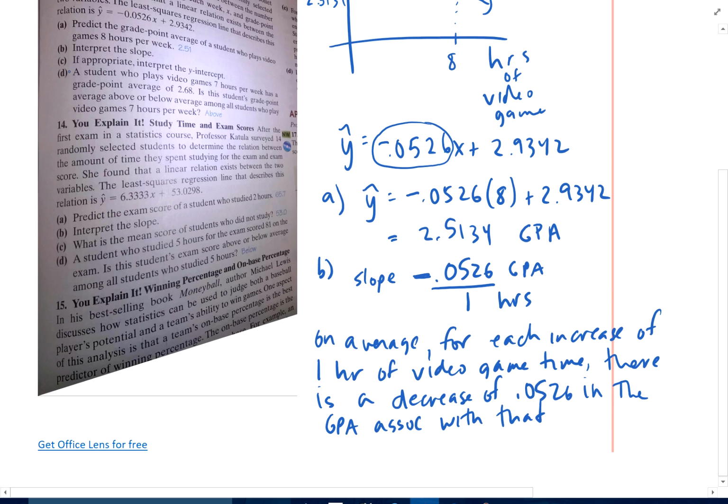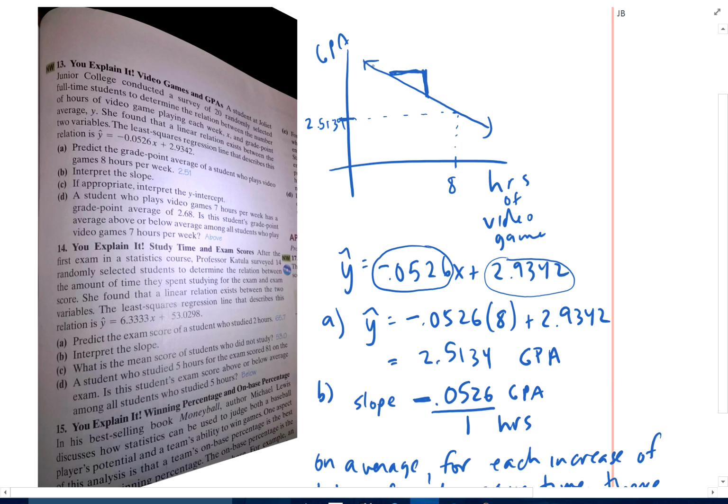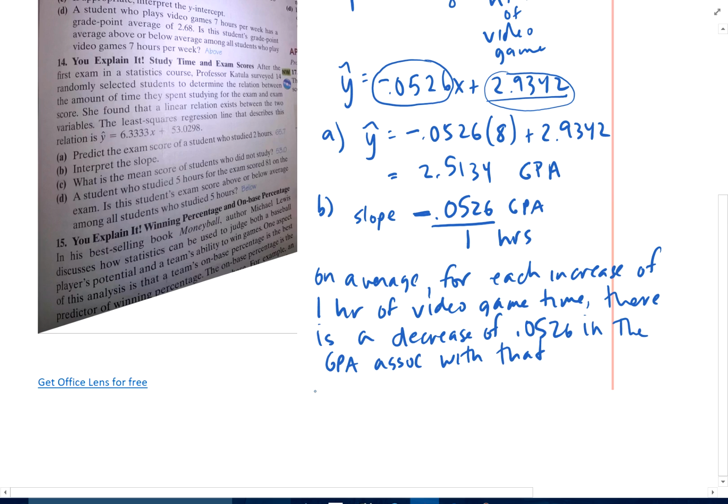Okay. C. If appropriate, interpret the y-intercept. Well, the y-intercept right here happens when x is 0. So if you don't play any video games during the week, that's this point right here. That would be the GPA you would expect to have if you don't play any video games.